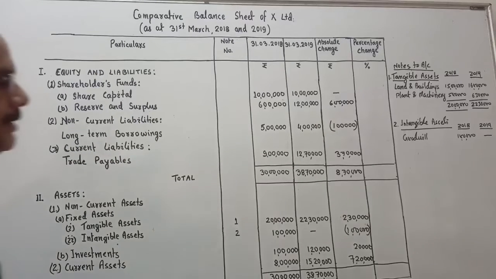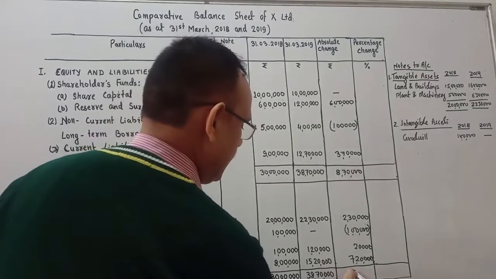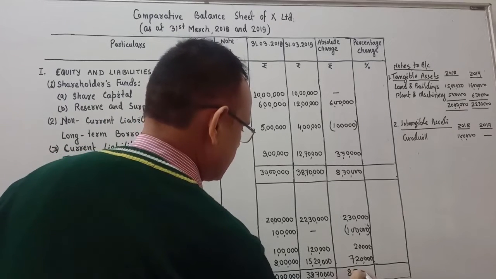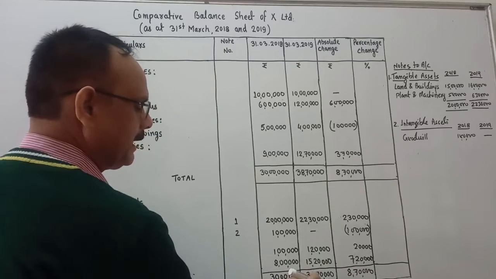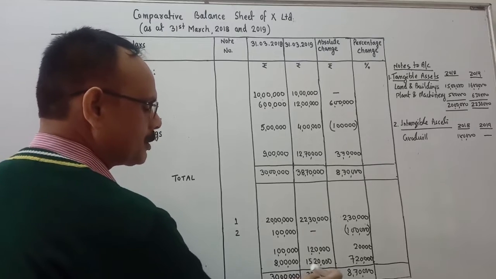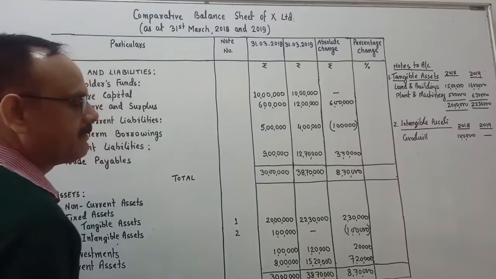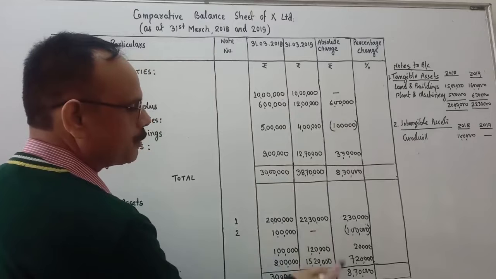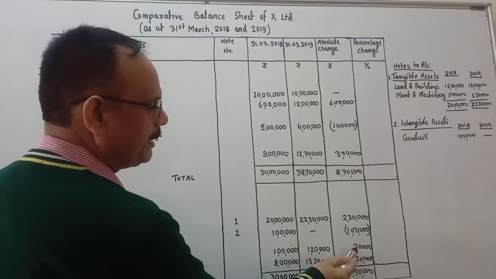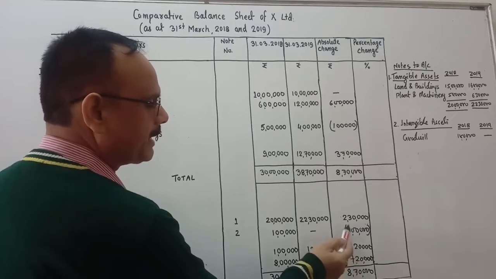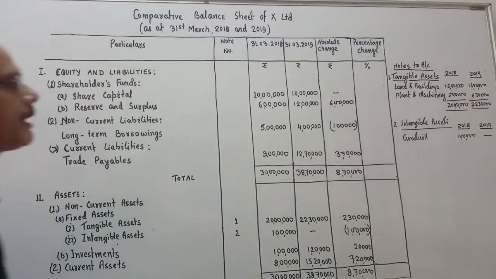Now we will do the additions. This side also 8 lakhs 70,000 will be the difference: 30 lakhs minus 38 lakh 70,000, so it is increased by 8 lakh 70,000. And this side also you can match it: 2 lakh 30,000 plus 20,000 plus 7 lakh 20,000 minus 1 lakh, you will get this figure.